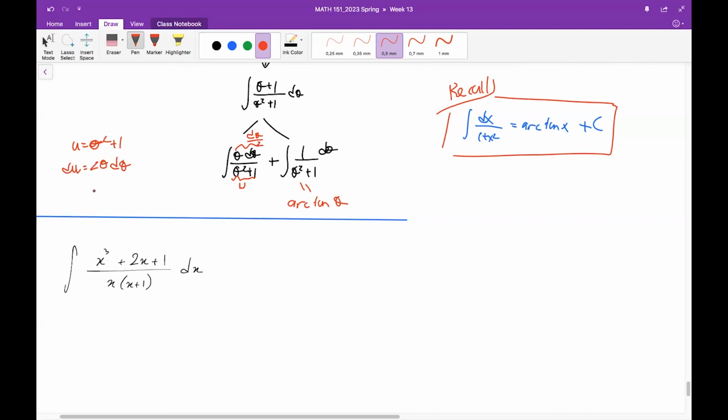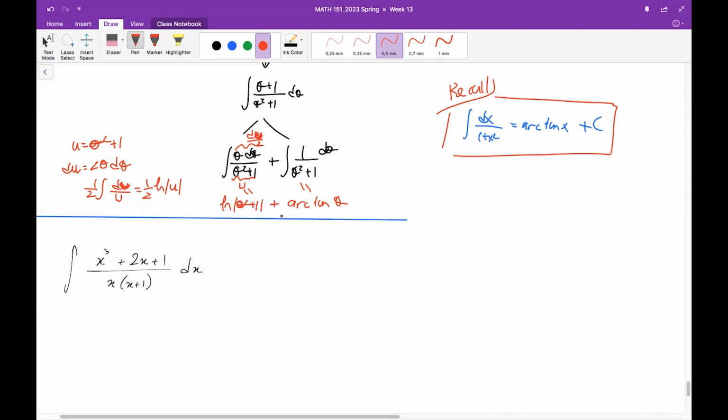So this integral is 1 over 2, du over u. I am passing from theta to u, du over u, you see? And this integral is something we know. It is ln absolute value of u, where u is theta squared plus 1.